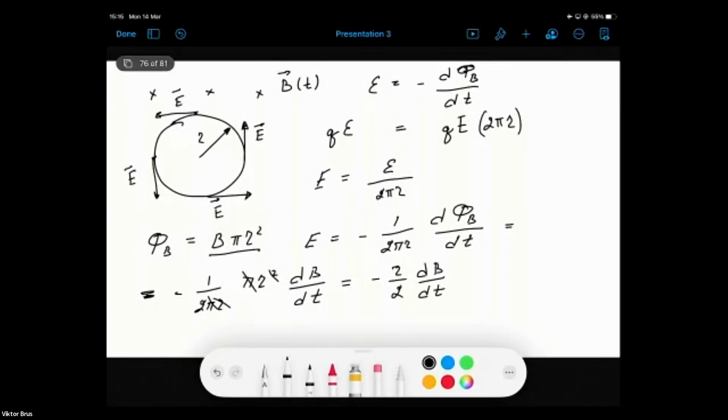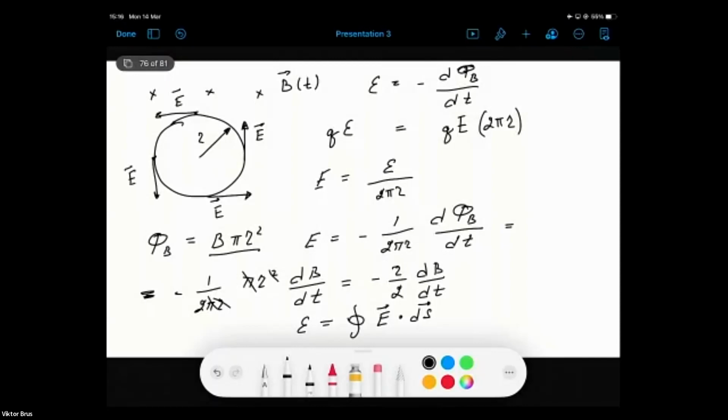To be a bit more general, since not always the conductive loop will be in the form of a circle, and it's not always that we have uniform induced electric field, we can write that induced electromotive force can be expressed as a line integral over the closed current loop of the scalar product of electric field vector E and ds vector, which is the small displacement vector along the closed loop.